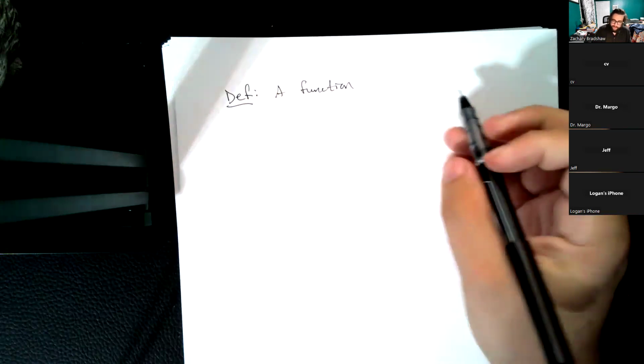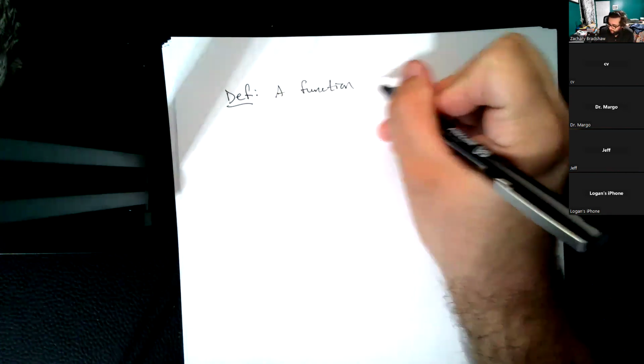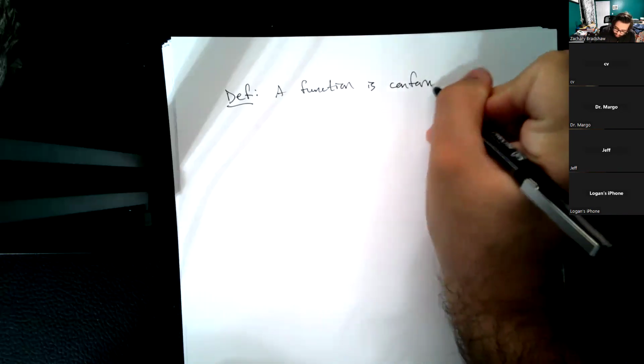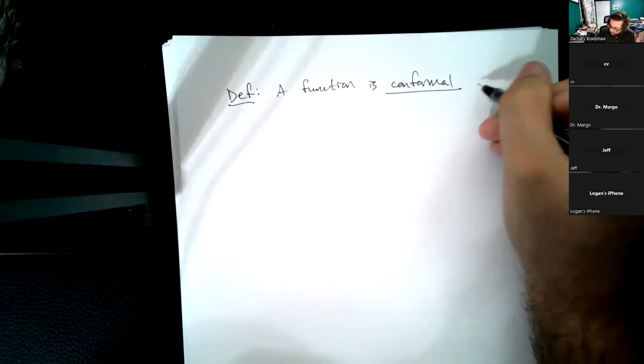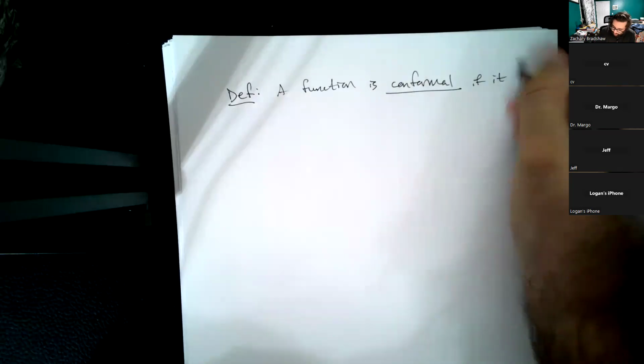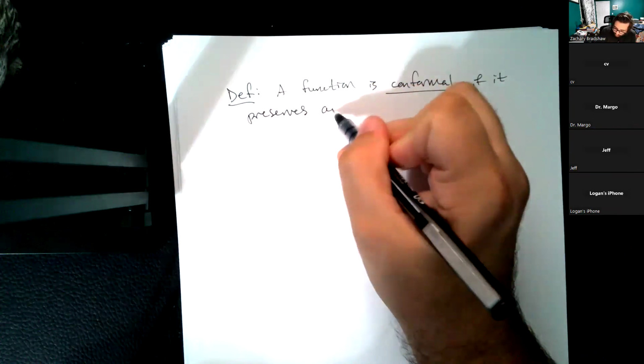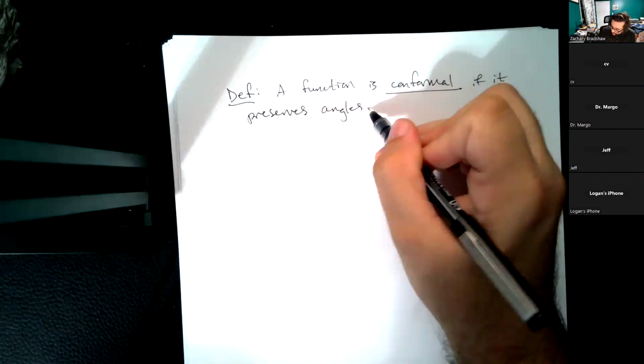Okay, so let me finally define what a conformal map is. A function is conformal if it preserves angles. What does that mean?